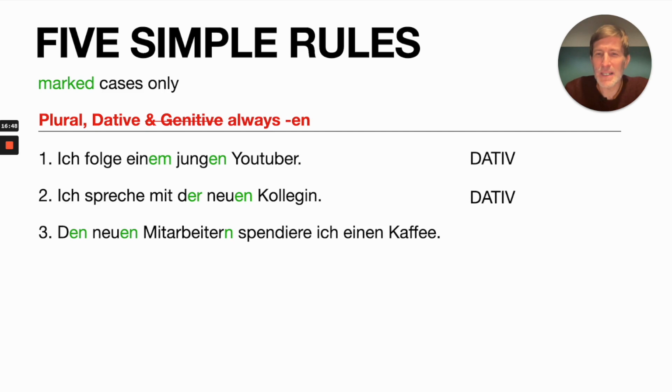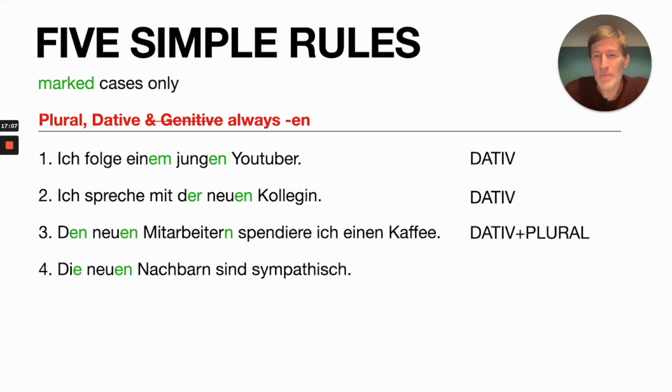Den neuen Mitarbeitern spendiere ich einen Kaffee. Mitarbeitern is an indication for plural and dative. Plus, you remember the first rule, once en, always en. So we have three markers here that tell us that neu needs to end in en. Die neuen Nachbarn sind sympathisch. Again, Nachbarn is a plural, which you will learn over time. And then you know neuen ends in en.